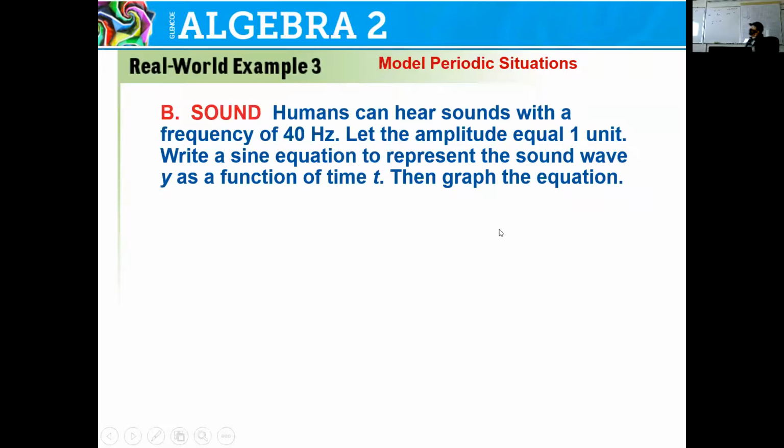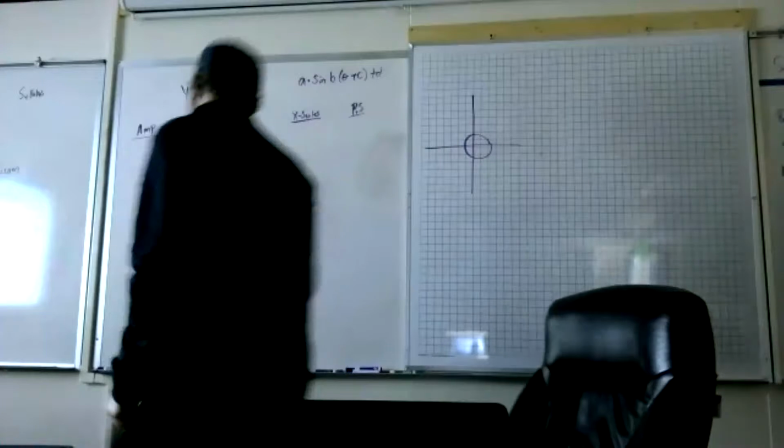Okay, the next one. Humans can hear sounds with a frequency of 40 hertz. Let the amplitude equal 1 unit and write a sine function to represent the sound wave y as a function of time t. Then graph the equation. So we have the same frequency, 40 hertz.